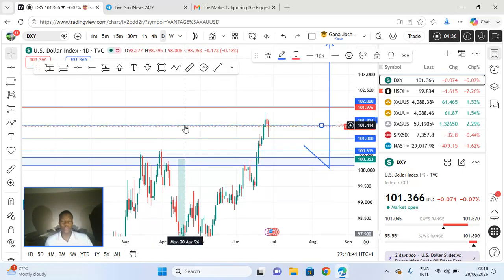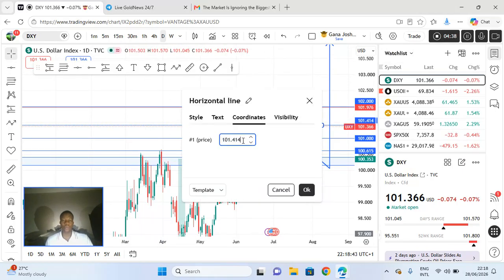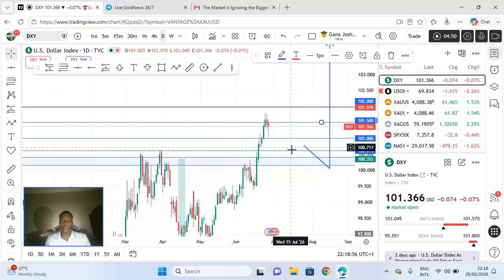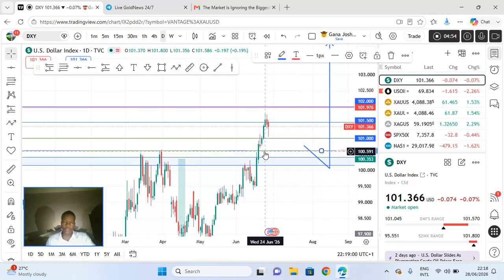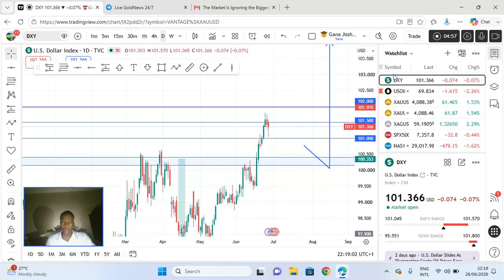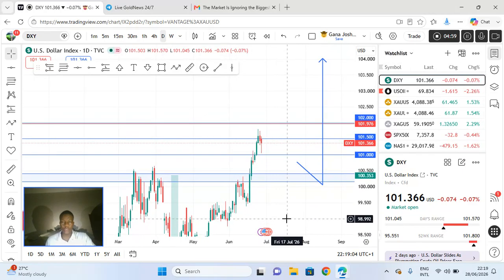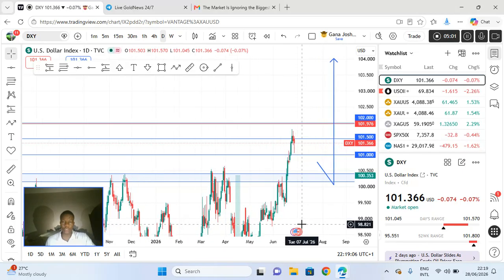We split in between 101 and 101.500. So this one is not a psych level, it's just a resistance to identify.